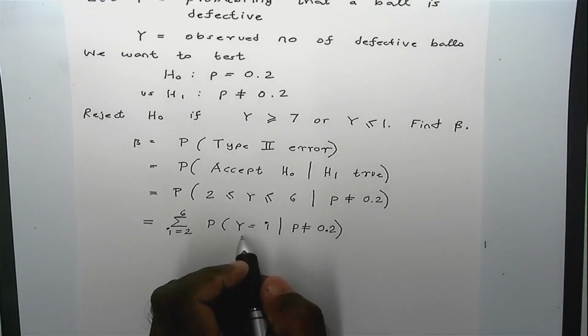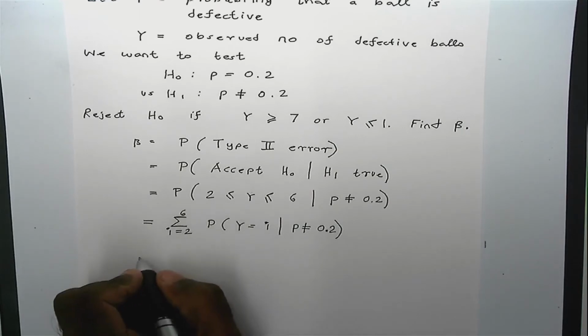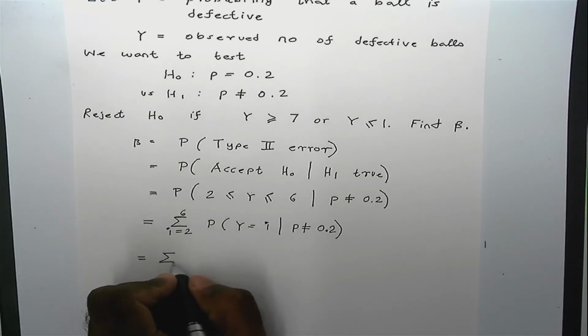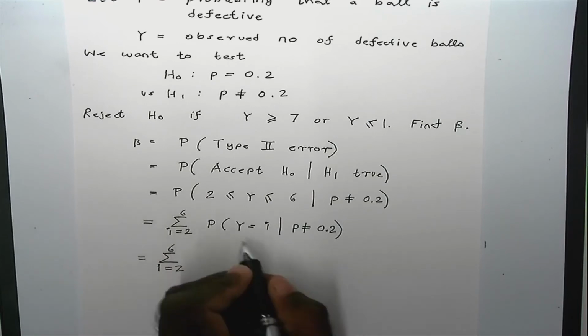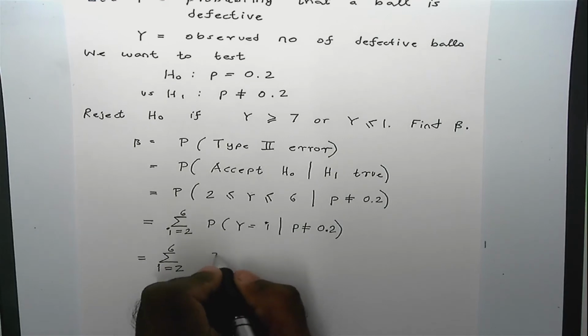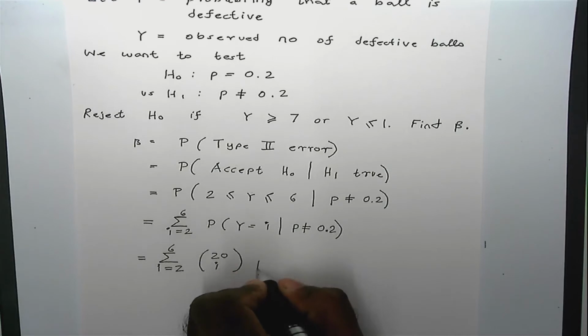Now, Y denotes the number of defectives in a bag of 20. So what distribution will it have? P is the probability that a ball is defective, and Y denotes the number that are defective. So clearly, from your probability 1 course last semester, you should know that Y must have a binomial distribution with parameters 20 and p.